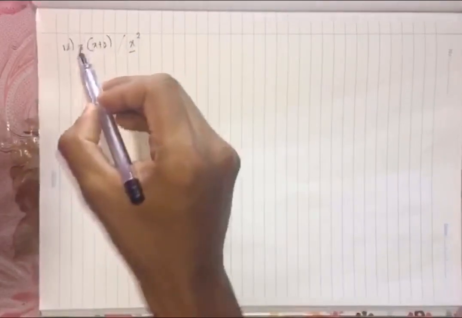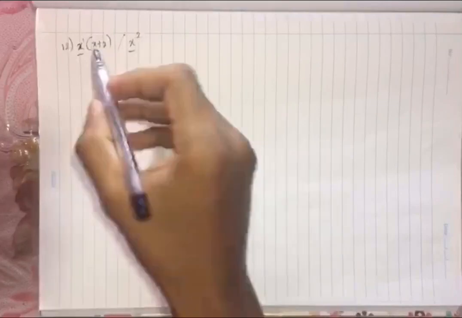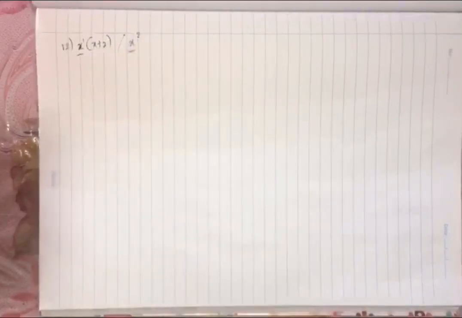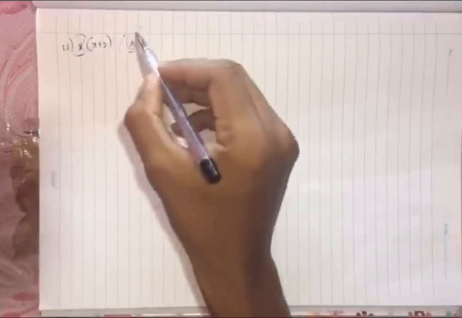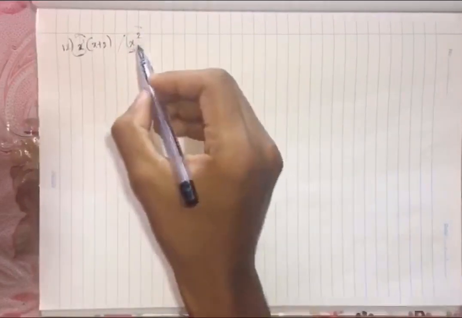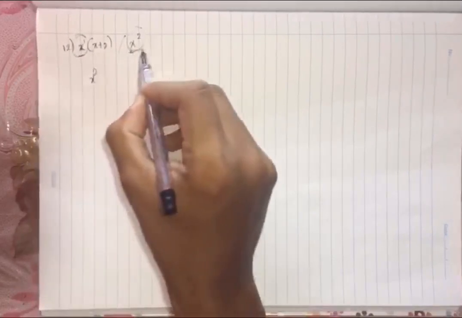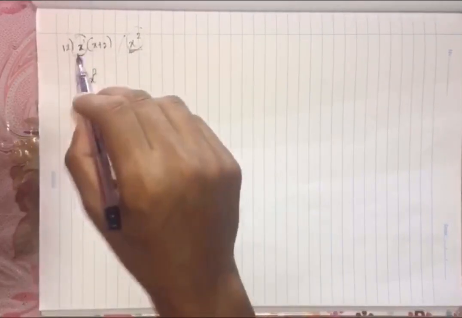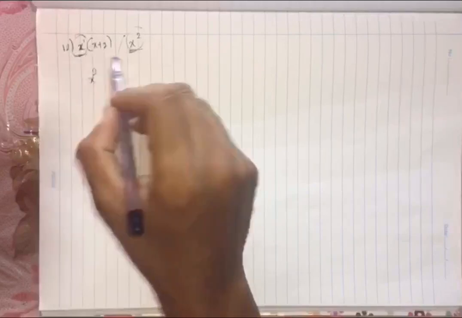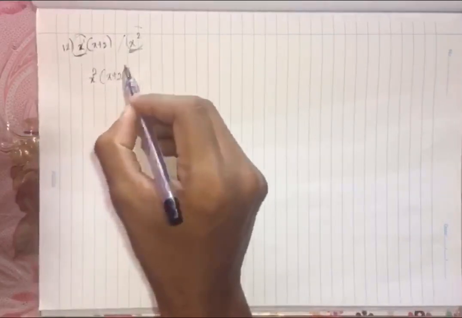That is, this x has x to the power 1 and you have here x to the power 2. In this case, you have to consider the similar terms containing the highest power. Therefore, you have to take x squared out. You have to consider only this x squared. You leave this x and then take the remaining term. You have x plus 2 only. This is the LCM.